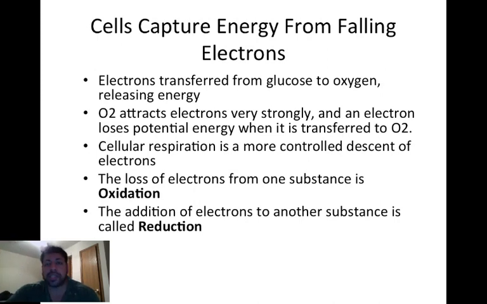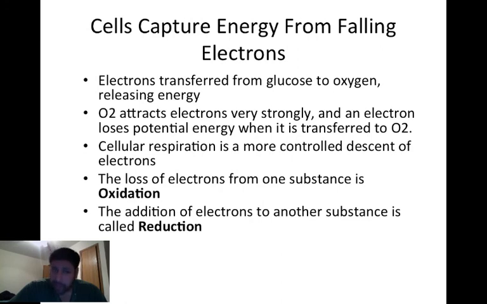And when a substance gains those electrons, that substance is being reduced because it's gaining electrons, and electrons have a negative charge. We see this process frequently throughout cellular respiration, for example, when NAD plus becomes NADH, that is, the NAD plus is reduced to NADH.